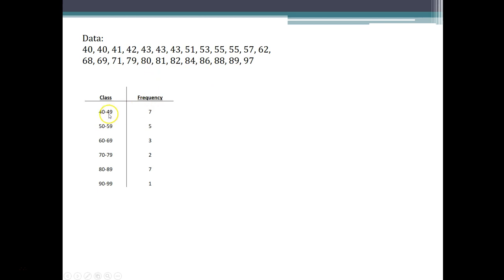But the classes still are all the same size. 40 to 49 includes what, 10 integers? 40, 41, 42, 43, 44, 45, 46, 47, 48, 49. 50 to 59 includes 10 integers. 60 to 69, 70 to 79, 80 to 89, 90 to 99. Each one includes 10 integers.